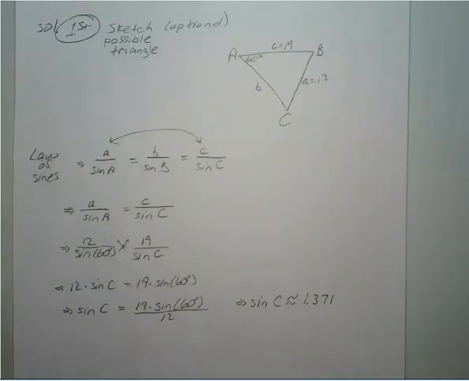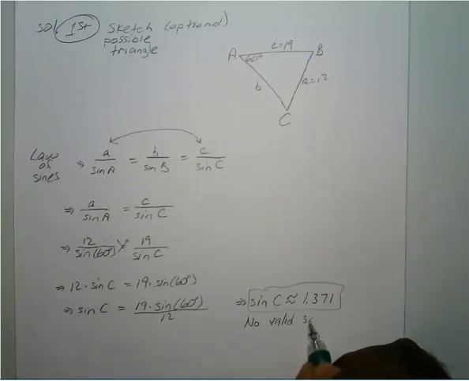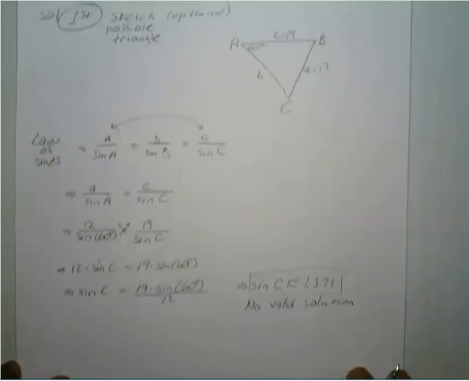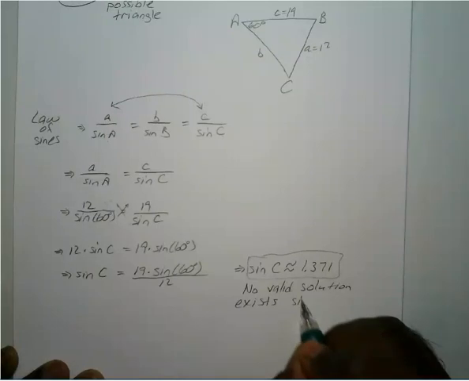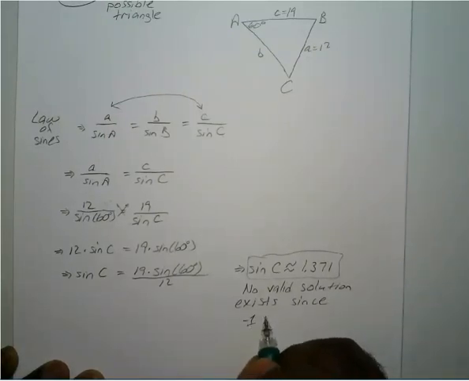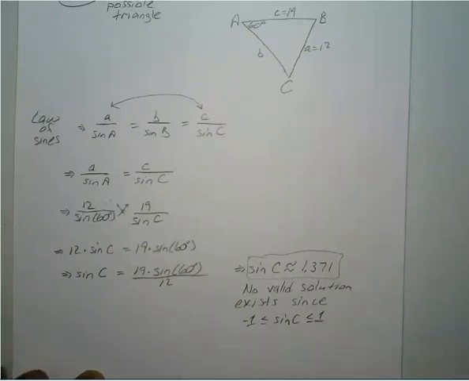Okay, now actually we could just go ahead and stop right there. We can see here that no valid solution will exist, not for this triangle. No valid solution exists since sine of C would have to oscillate between -1 and 1.